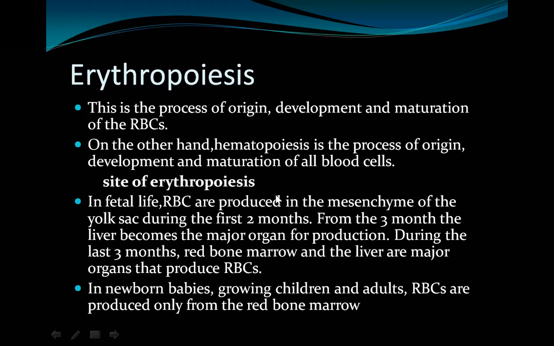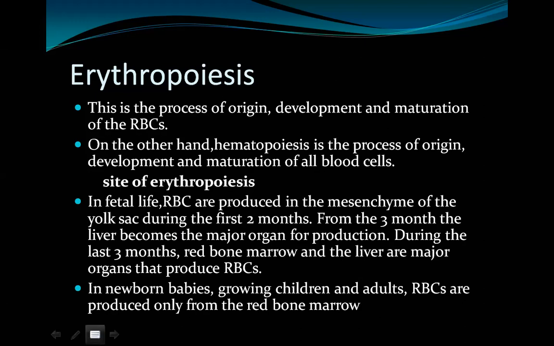So the site of erythropoiesis can be divided into two: in fetal life, and in newborns, children and adults. In fetal life, the red blood cells are produced in the mesenchyme of the yolk sac during the first 2 months. Then from the third month, the liver becomes the major organ for production of red blood cells.